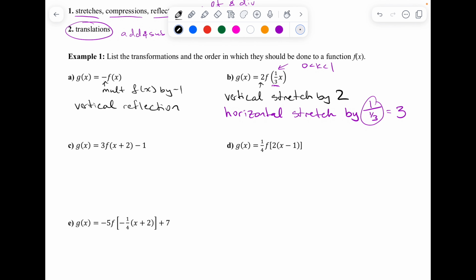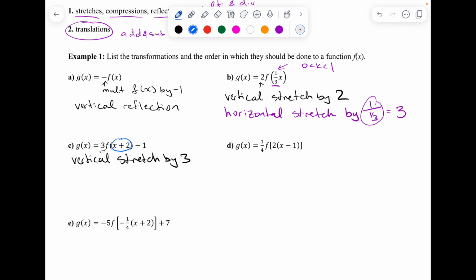So first, multiplying things. Well, there's a 3 multiplying the whole function. So that's a vertical stretch by 3. Okay, that's 1. The next thing is, there's something happening here, the adding and subtracting. Well, there's adding 2 to x.